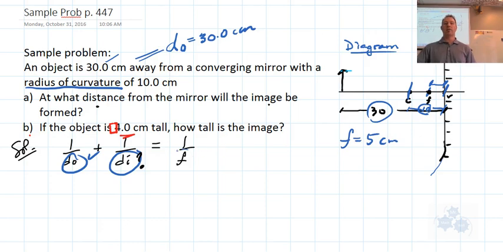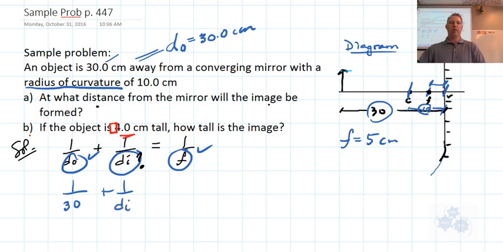That relationship always holds true, absolutely. If you're given F, you know that C is twice that. If you're given C, you know that F is half of that. All right, so what do we have? We have 1 over 30 plus 1 over DI, since I don't know what DI is, equals 1 over 5. Okay, you with me so far?